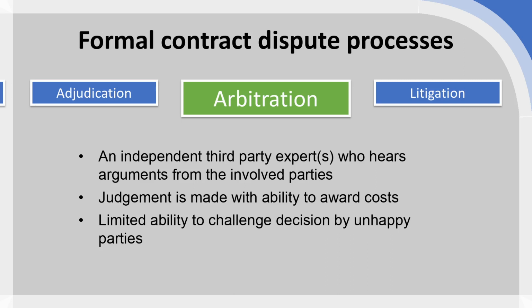And in other cases, it's actually built into the contract that when you agree to the contract, one of the terms of the contract is that you're agreeing to binding arbitration in the event of a dispute.